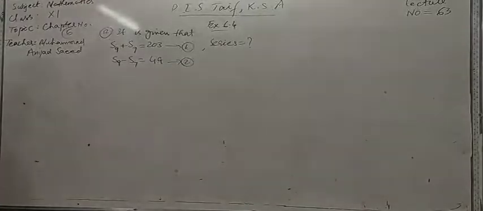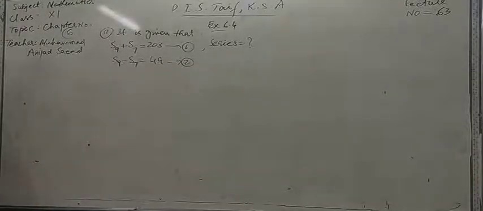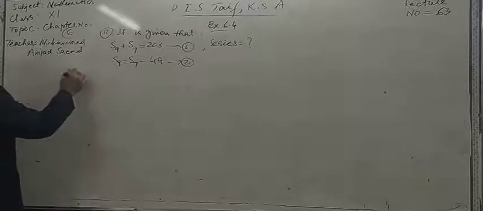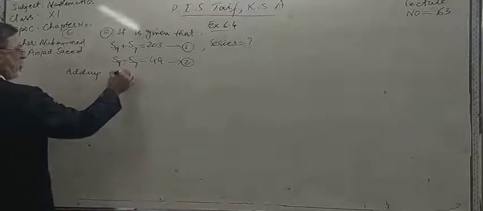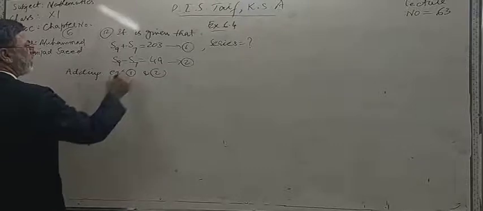Dear students, we are given the sum of S9 and S7 is 203 and the difference is this one. We can add equations 1 and 2.